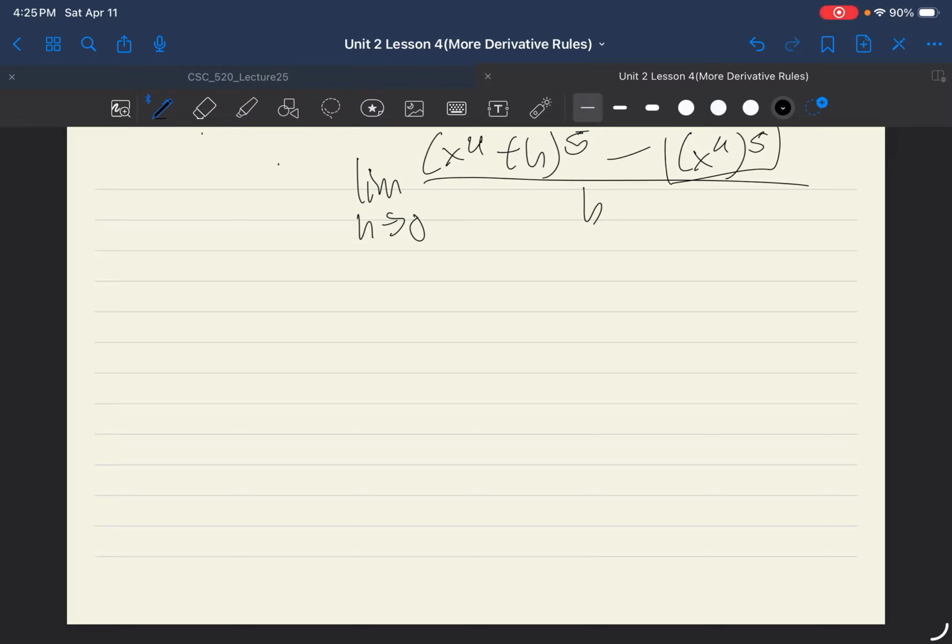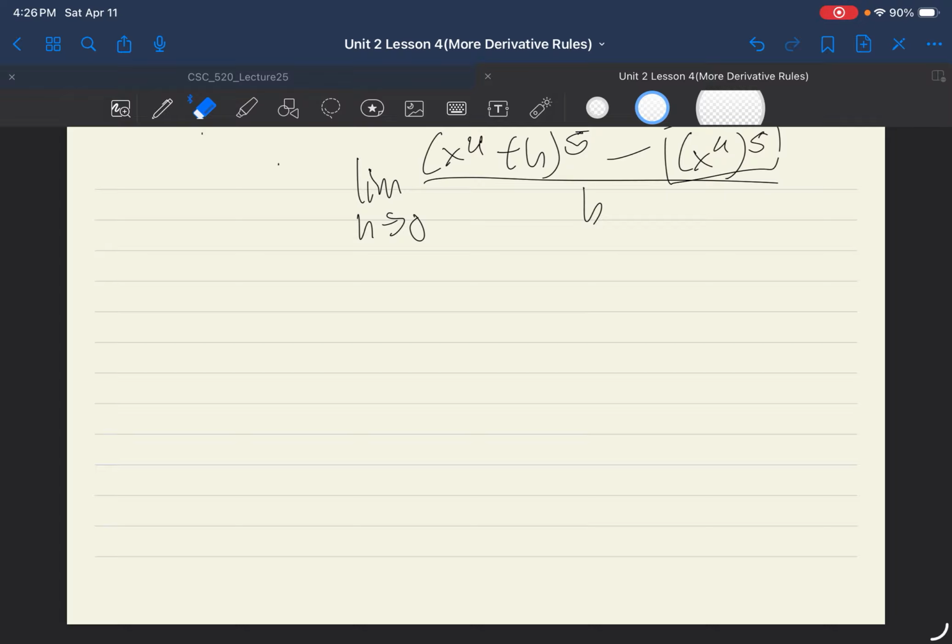This is going to be your function, x to the 4th to the 5th, and x to the 4th to the 5th is obviously just going to be x to the 20th. So that means f of x is going to be equal to x to the 20th. F prime of x, you just use the same power rule that we've always used before. 20x to the power of 19. All right. So those were two methods you could use.